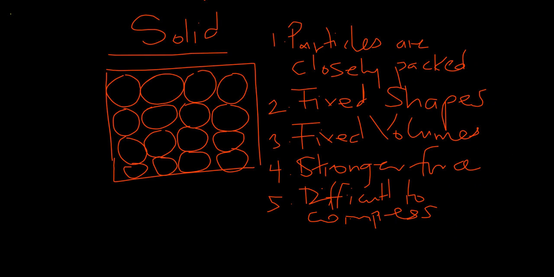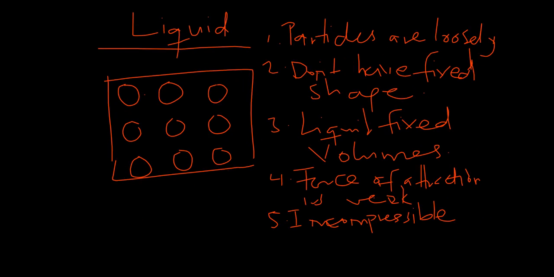Then again, for liquids, we said particles are loosely packed. They don't have fixed shape. The liquid has fixed volume. Then again, we said the force of attraction is very weak compared to that of solids. We said it's also incompressible.